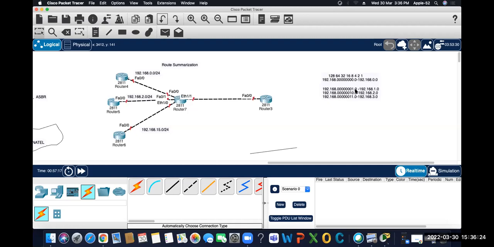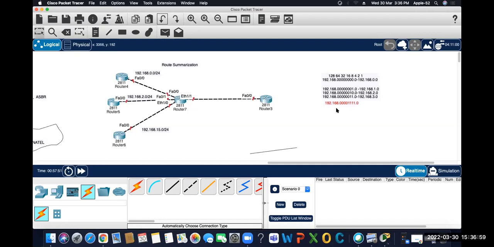If I write 1 here, that means I'm talking about 1.0. If I write 1 here, that means I'm writing for 2.0. And if I turn on the 2 and 1 bits, that means I'm writing 3.0. If I go further and further for the 15th network, I can write this, that means 4 ones are on.